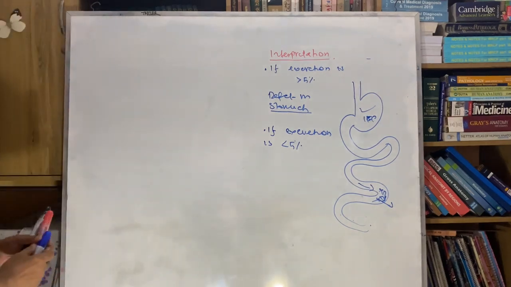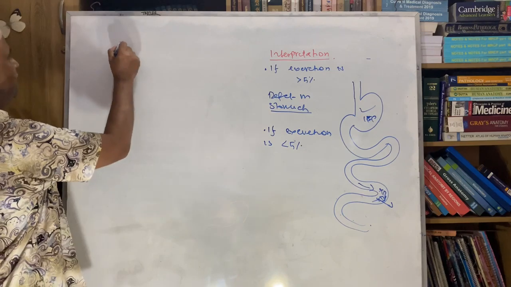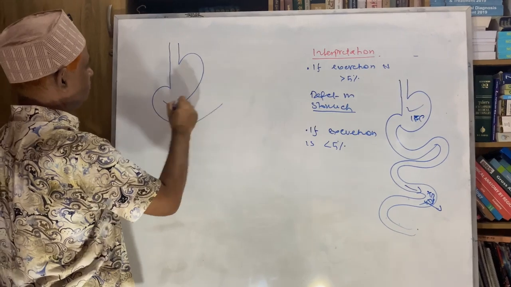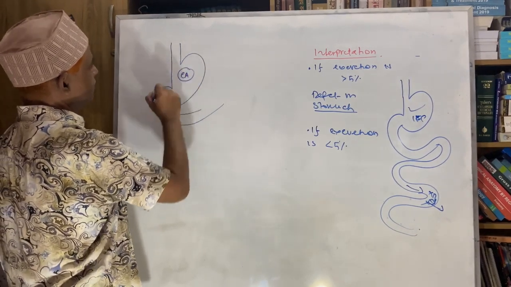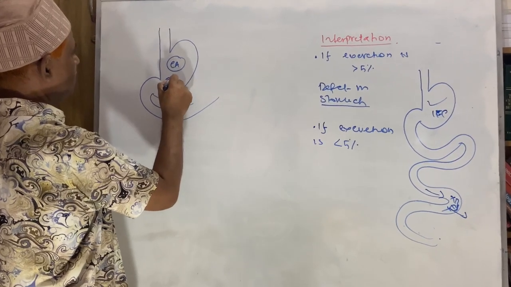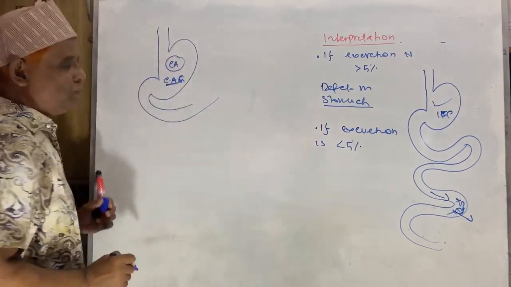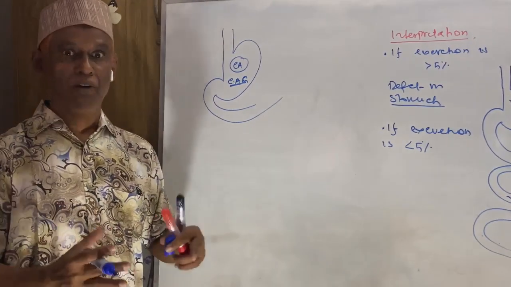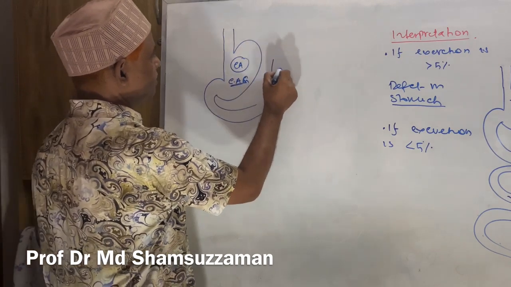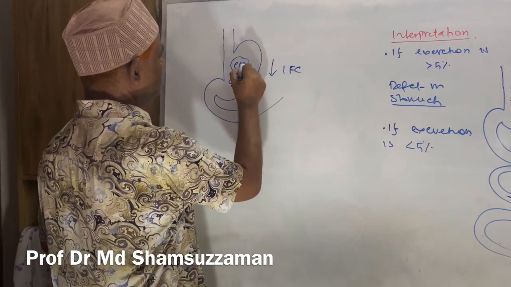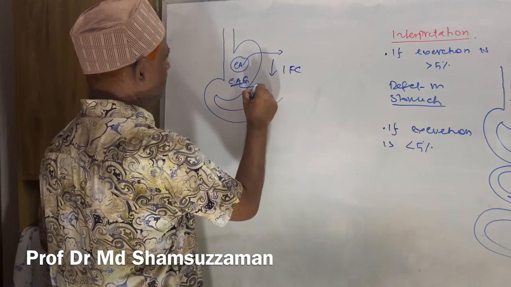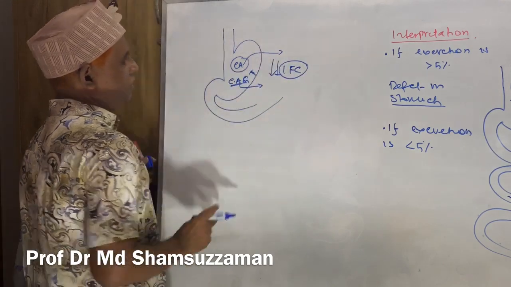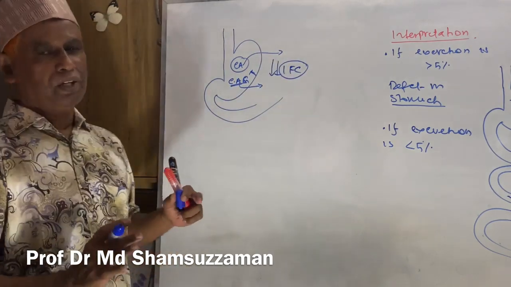Dear audience, now come to one thing. If anybody suffers from gastric carcinoma or chronic atrophic gastritis, in both cases there will be diminished intrinsic factor of Castle secretion from the parietal cells of the gastric gland.